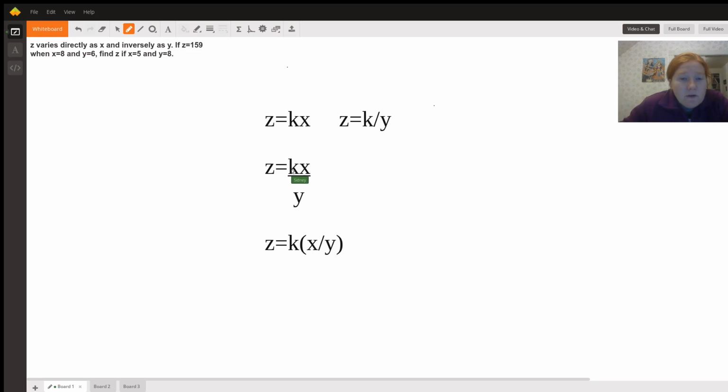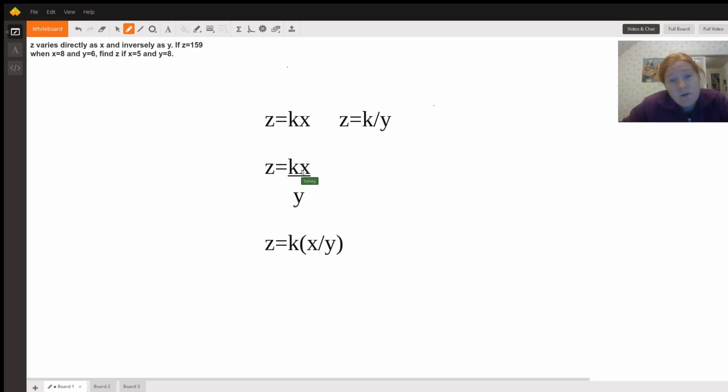We have direct variation, that's multiplication times a constant, and we have indirect variation, which is a constant, and division. Directly means if X goes up, then Z will go up. And indirect variation means if Y goes up, Z will go down. It goes the opposite way.